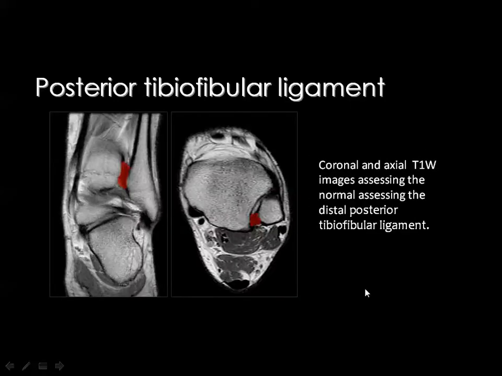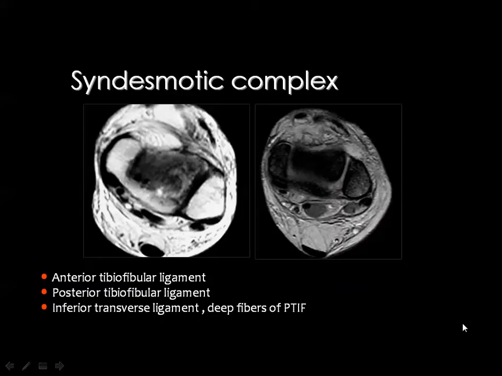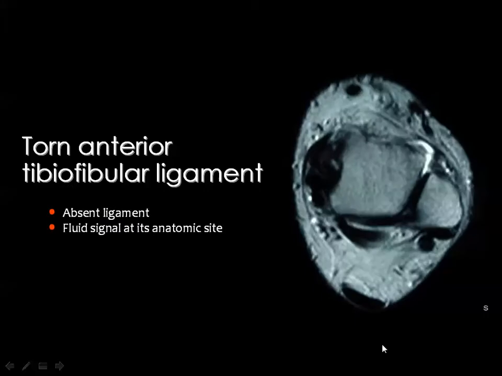The posterior tibiofibular ligament connects the fibula to the posterior aspect of the tibia. And this is the normal appearance of the anterior and posterior tibiofibular ligaments. You remember that the inferior transverse ligament is just the inner fibers of the posterior tibiofibular ligament.